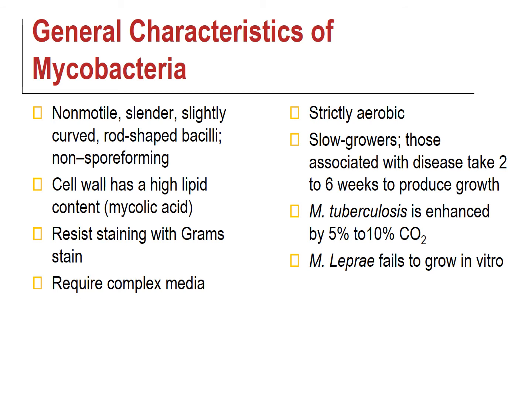And lastly, the optimum temperature of certain species varies. Some species grow best at 30 to 32 degrees centigrade, while others may prefer 42 degrees centigrade.